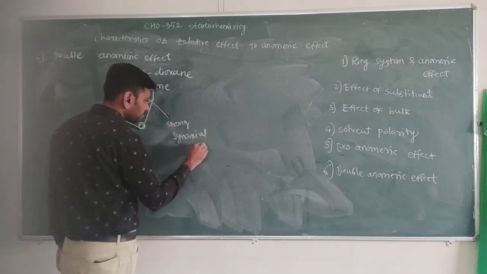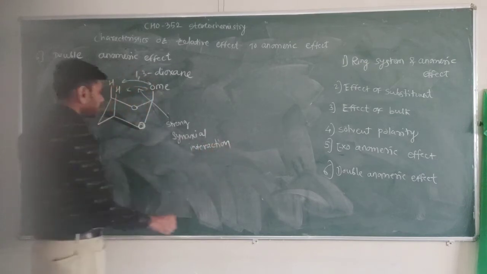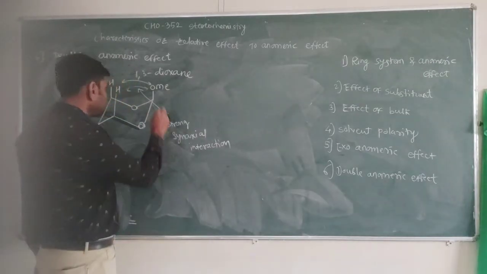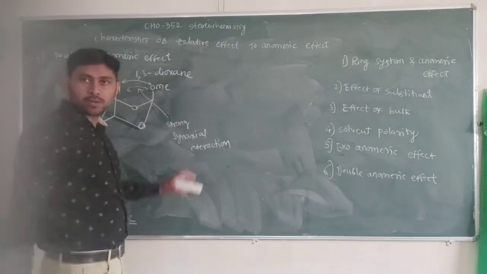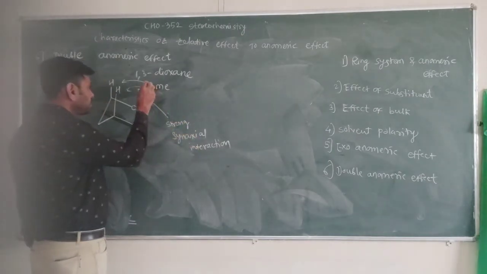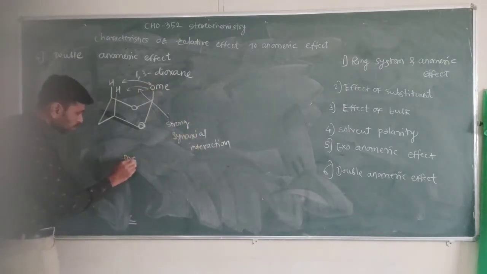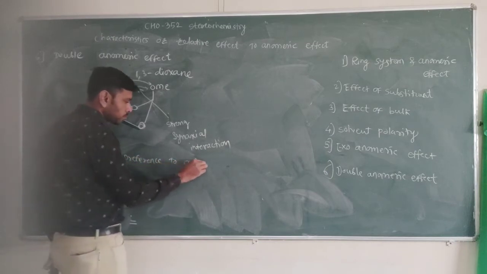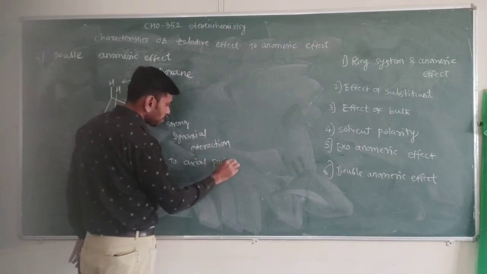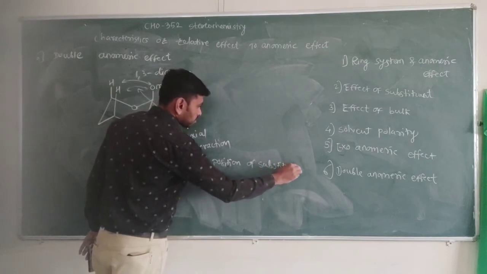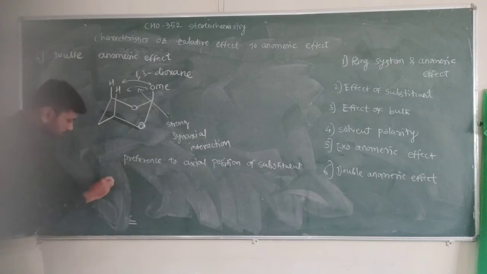But here, due to two oxygen atoms present, in spite of this strong syn-axial interaction, preference is given to the axial position of the substituent, and this is due to the double anomeric effect.